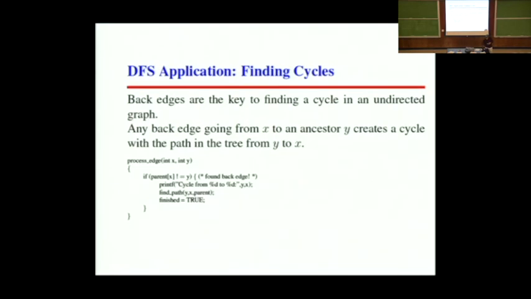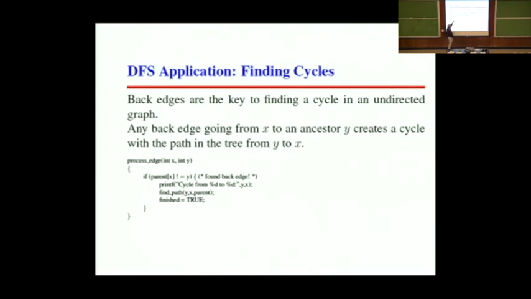Okay. Basically, the algorithm to find the cycle is really going to be on a process edge. If I have an edge xy that I'm processing in the course of a search, if the guy who discovered me is not x, then that means I found the back edge, right?